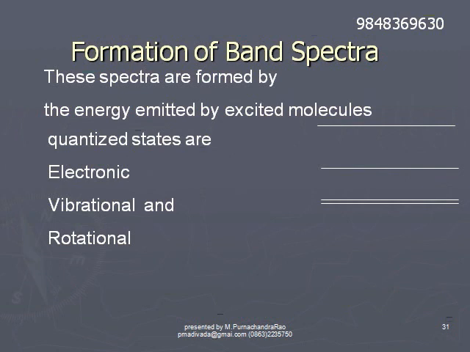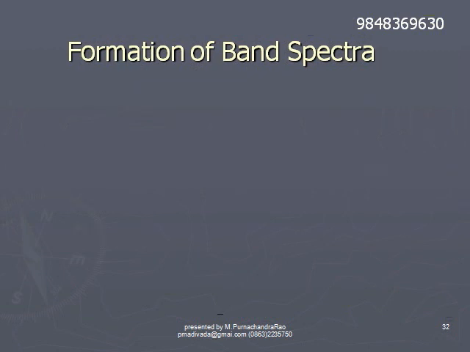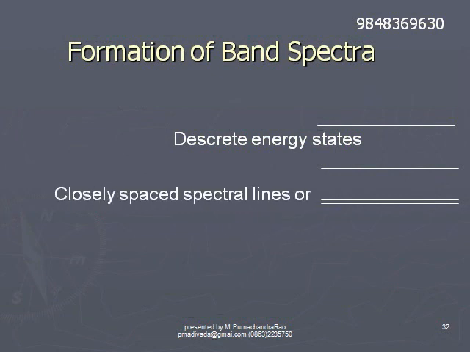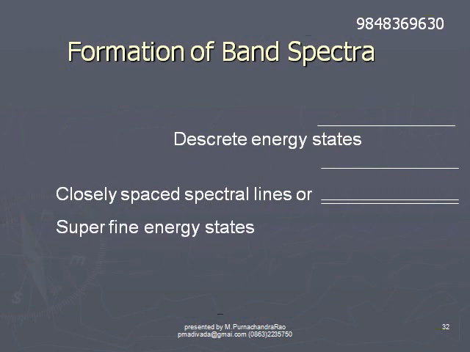So the energy difference is very small between adjacent states, whether adjacent vibrational states or adjacent rotational states. When the transition takes place between these closely spaced energy levels, the difference in wavelength will be very, very small.